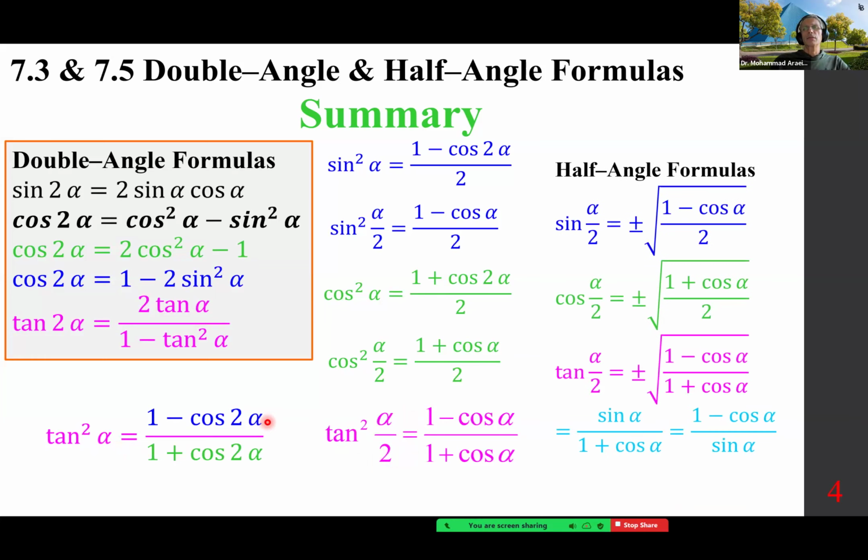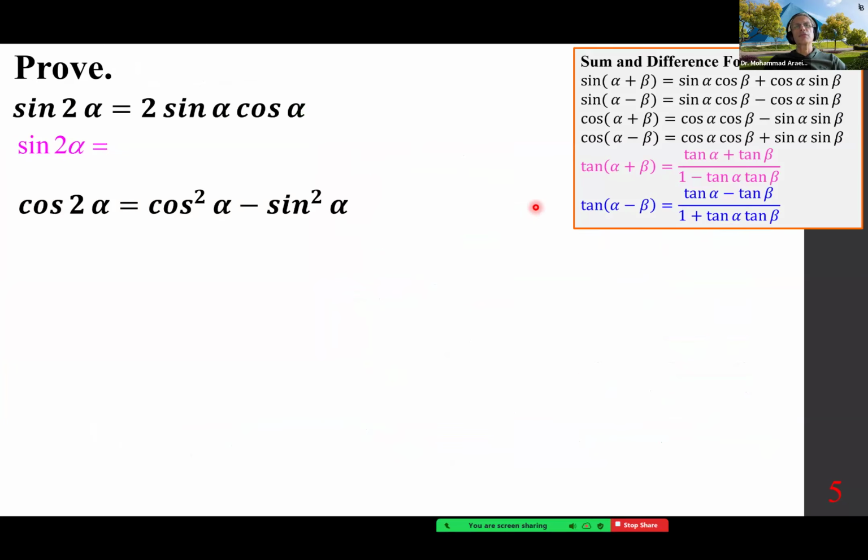And then sine of alpha over 2 is plus or minus the square root of 1 minus cosine alpha over 2, and the rest of it, all of which we use the quadrant they belong to, to make a decision whether they are positive or negative. So that's the summary. Let's look at the proof of some of those.